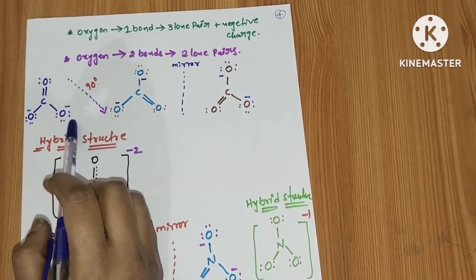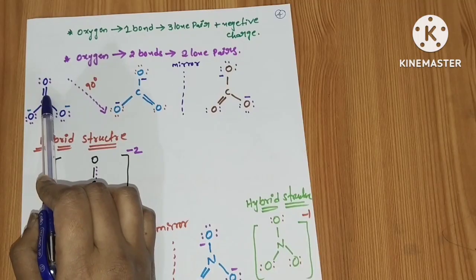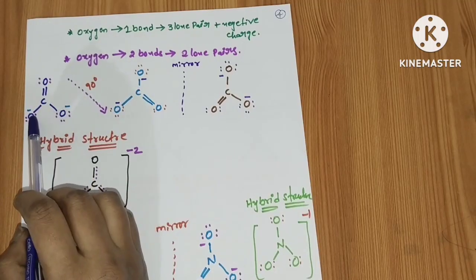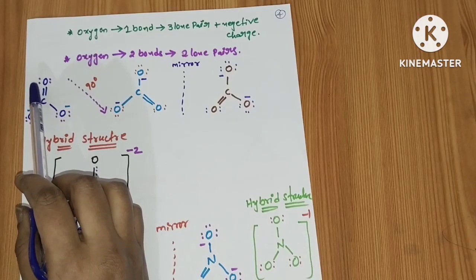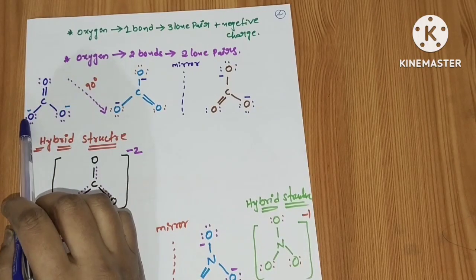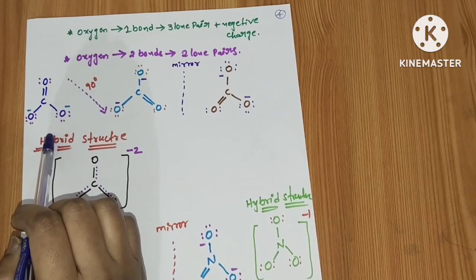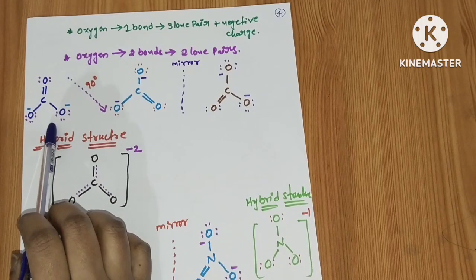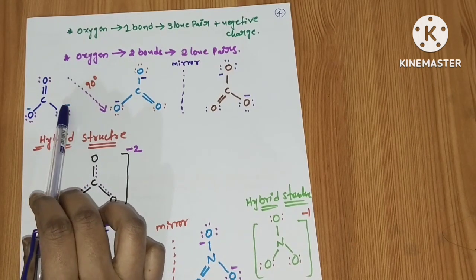In carbonate ion, carbon is double bonded to the first oxygen and single bonded to the second and third oxygen. Here oxygen is double bonded, so it has 2 lone pairs of electrons. Here oxygen is single bonded, so it has 3 lone pairs of electrons and negative charge. Also, this oxygen has 3 lone pairs of electrons and negative charge.